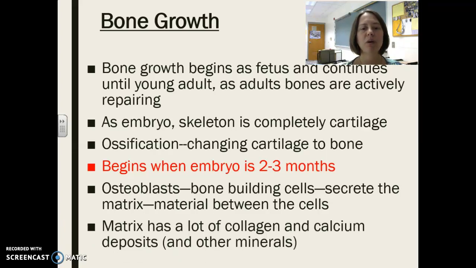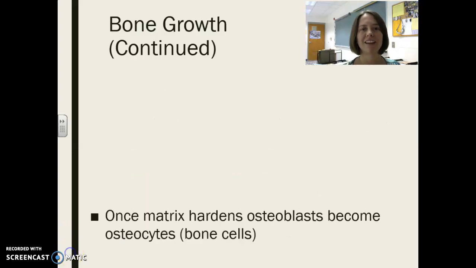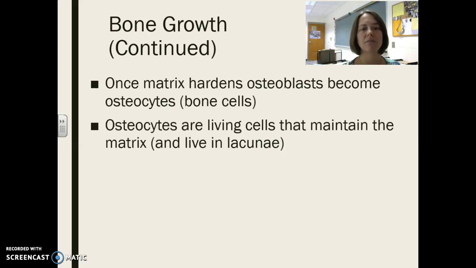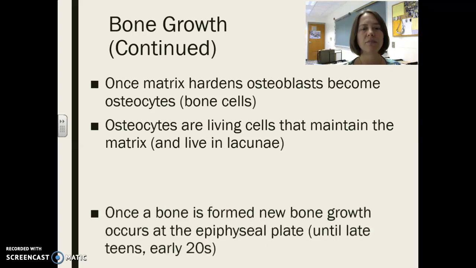So the matrix for bones has a lot of collagen, which if you remember is a protein fiber, and also calcium deposits and other minerals, which make it hard. So looking more into bone growth, once your matrix hardens, the osteoblasts become osteocytes, so the bone builders become bone cells. Osteocytes are living cells that maintain the matrix, and they live in the lacunae.